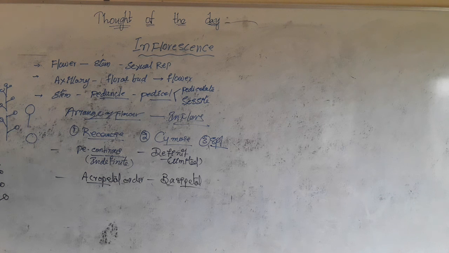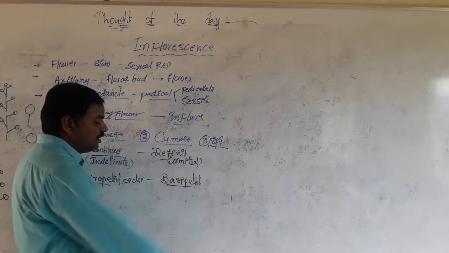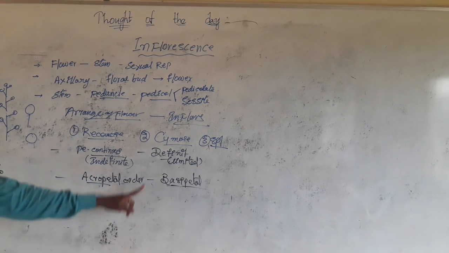Some branches are formed from the base of the first formed flower, and these branches produce the youngest flowers. So the first formed older flowers are present at the top of the inflorescence, and later formed younger flowers are present at the base of the inflorescence. This is quite the reverse of the acropetal order of racemose inflorescence. This is called basipetal arrangement.